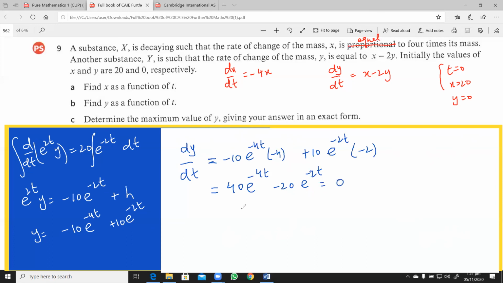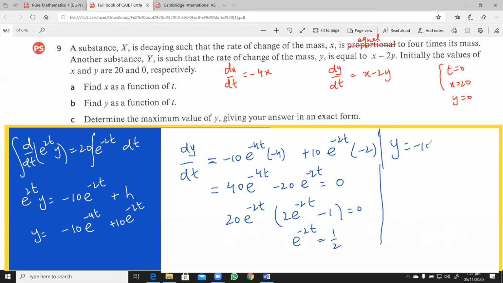So this is minus 20 e raised to power minus 4t plus 20 e raised to power minus 2t. I can take 20 e raised to power minus 2t common, and this is going to be 2 e raised to power minus 2t minus 1... I'm going to ignore the first factor. So e raised to minus 2t is going to be equal to half. Let's put that into this equation to get the maximum value of y.